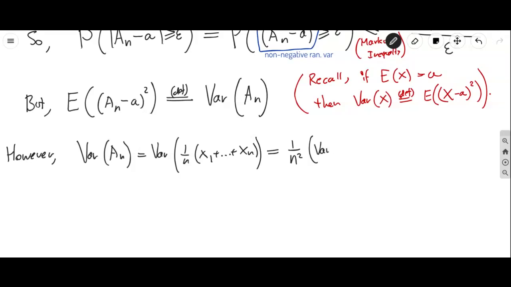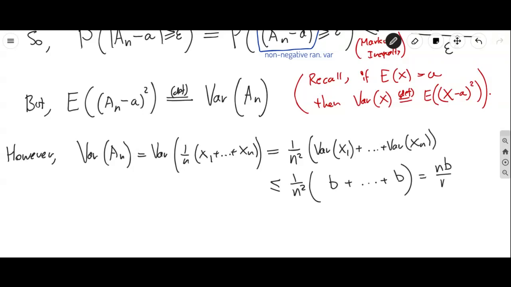And we're left with the variance of X1 plus through the variance of Xn. And this is less than or equal to, and this is where we use the fact that the variance is bounded, that this one is bounded by b. All of these are bounded by b. There's a uniform bound on the variance. And so when we add this up, this is nb divided by n squared. So we end up with b divided by n.